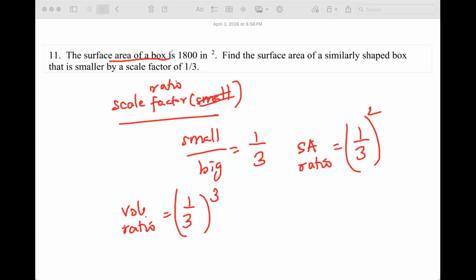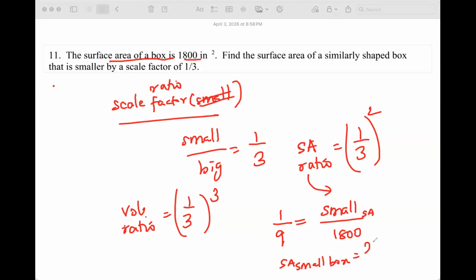But what they have given is the surface area of the box, 1800. Find the surface area of a similarly shaped box that's smaller by a scale factor of 1 by 3. So they have given the big box surface area. The surface area ratio is 1 by 9, small by big. The small one we don't know, which is what you need to calculate. The bigger one is 1800. So the surface area of the small box will be 1800 by 9, which equals 200 inch square. Make sense?